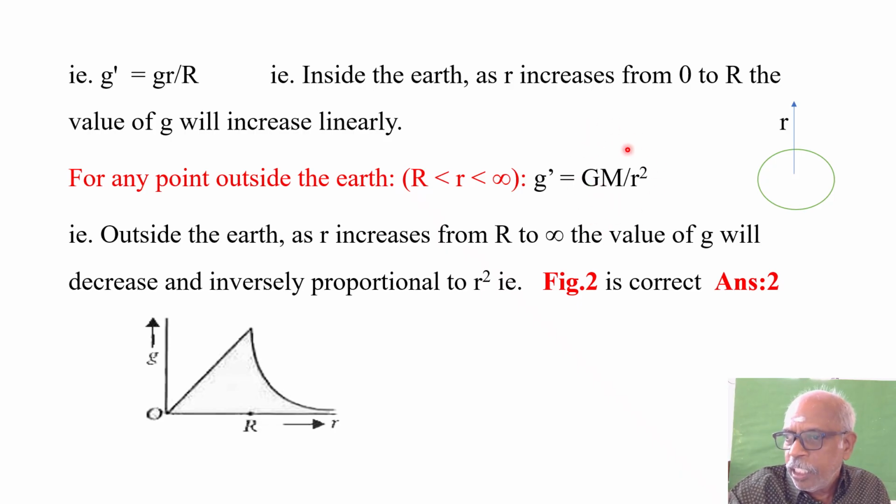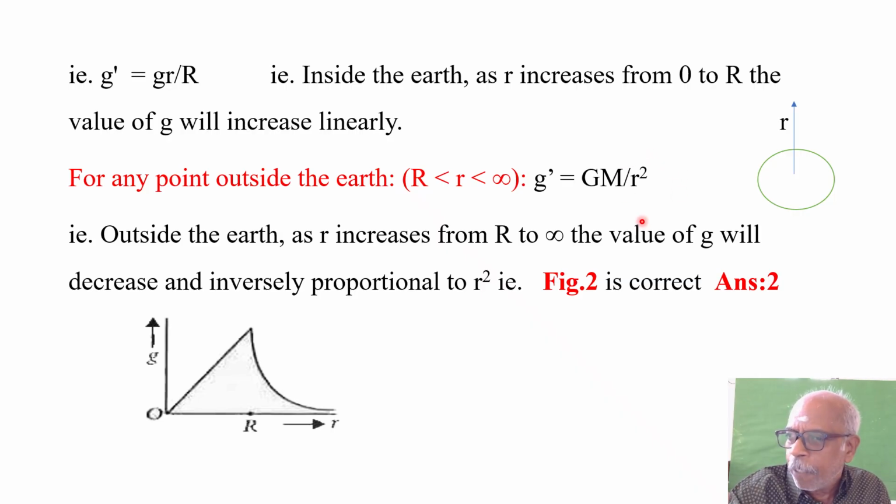Outside the earth, as r increases from R to infinity, g dash will decrease, because g dash is inversely proportional to r square, not merely r, but r square.